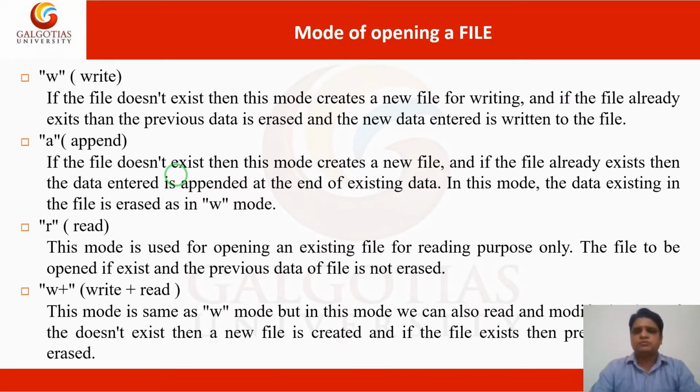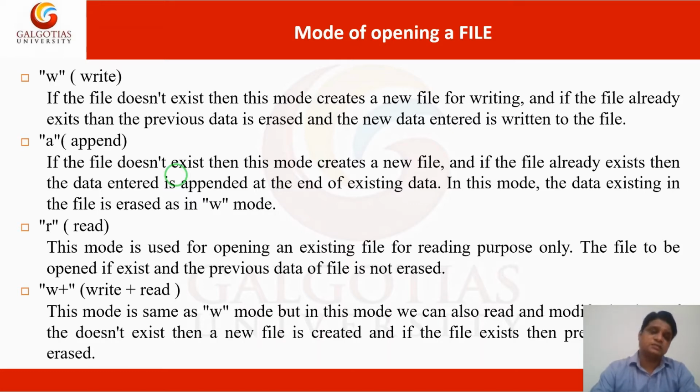So what are the modes of opening a file? Basically, there are three important modes: write, read and append. The first one is the write mode. What does write mode mean? If you want to open a file and write into it, you will have to use the write mode.